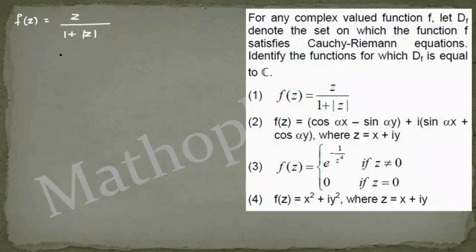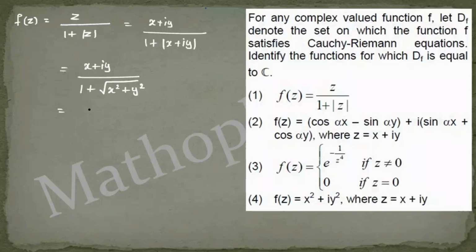So in z பதிலா we can substitute it as x plus iy by 1 plus mod of x plus iy, which can be written as x plus iy by 1 plus square root of x square plus y square. இதை real imaginary part split பண்ணா, x by 1 plus square root of x square plus y square plus i y by 1 plus square root of x square plus y square.